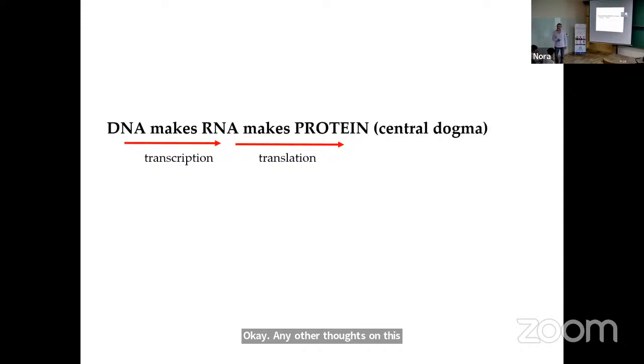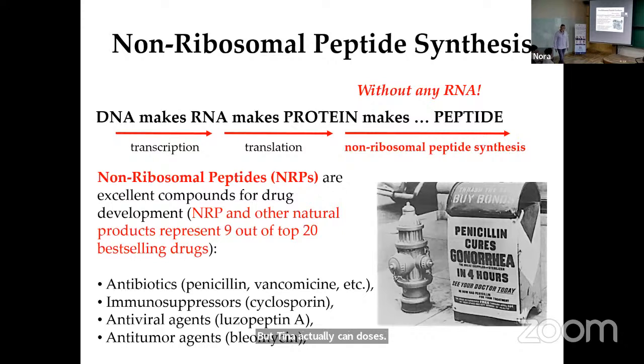Bacteria actually can do this. And it's one of the most pharmaceutically important processes. This process is called non-ribosomal peptide synthesis, when a giant protein assembles another small protein without any RNA.